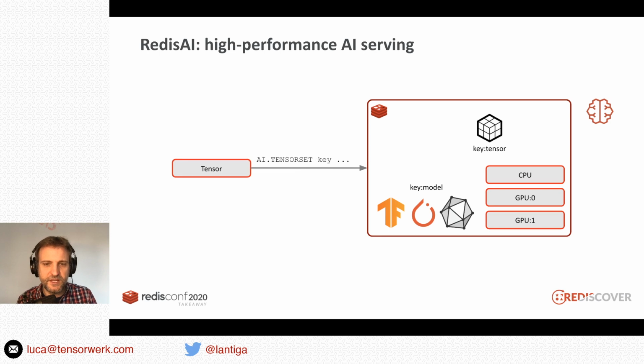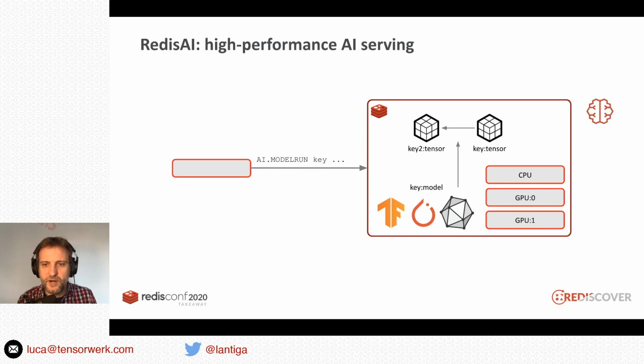By doing that, you now have a model, and you can also set a tensor. Remember the multidimensional array representation. This becomes a data type in RedisAI. So we extended the Redis data types with these two key data types: the model, the computation, and the tensor, the data, the multidimensional array. It's supported natively in RedisAI.